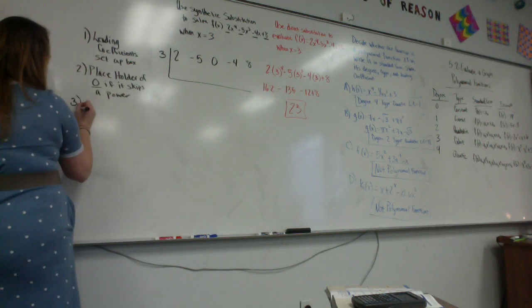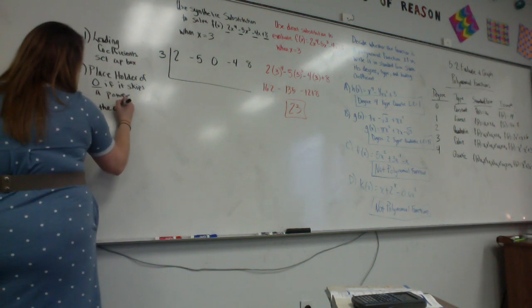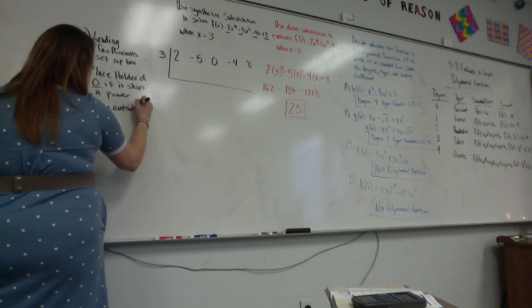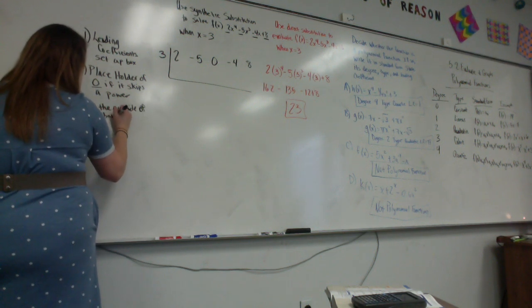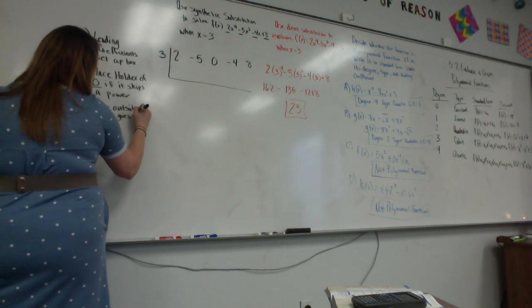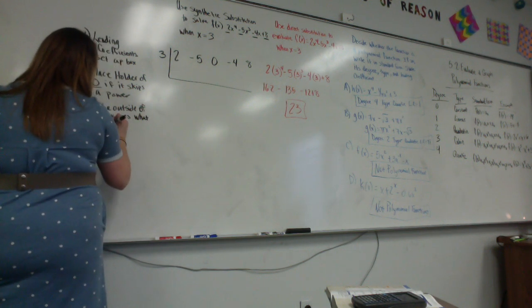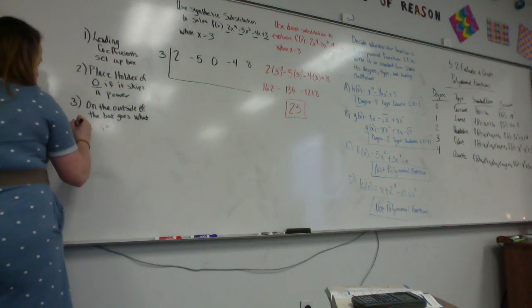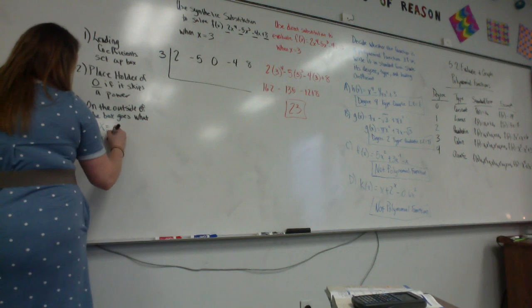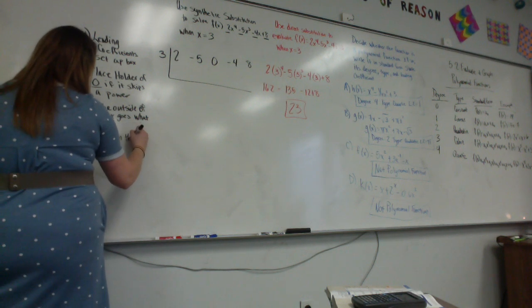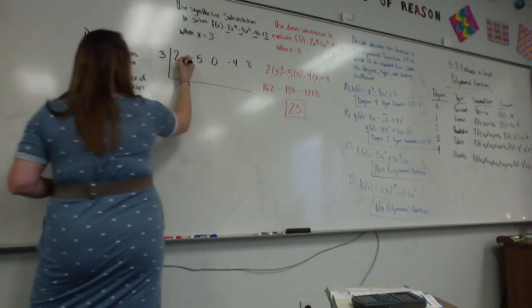And then step 3, on the outside of the box goes what x equals. And then step 4, bring down the first number. So I'm going to bring down this 2.